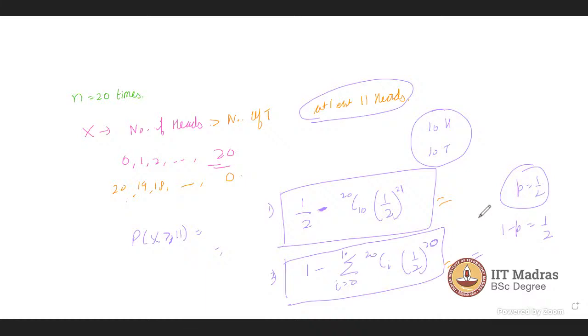So this second answer is 1 minus the probability that I get less than 11 heads. I need at least 11 heads. If I subtract the cases where I'm getting less than 11 heads, I will get the probability of getting at least 11, right?